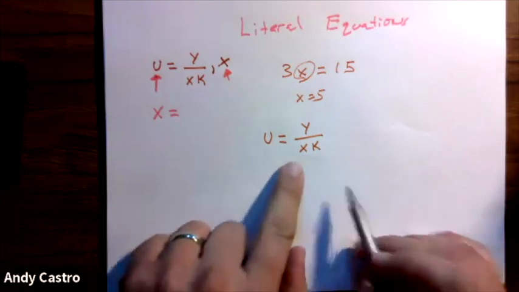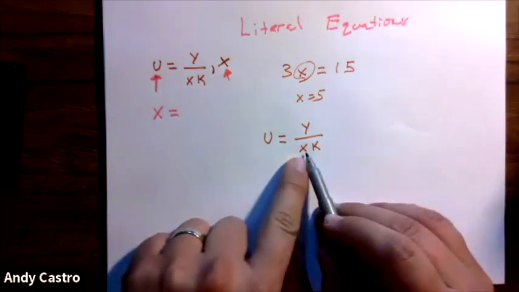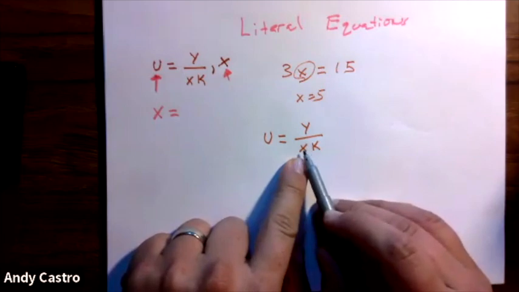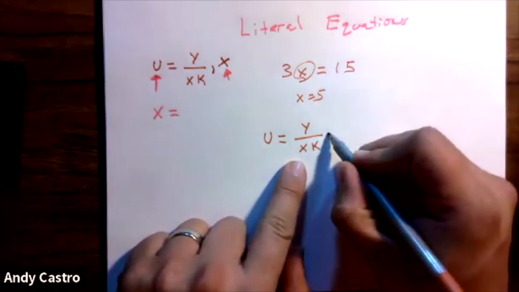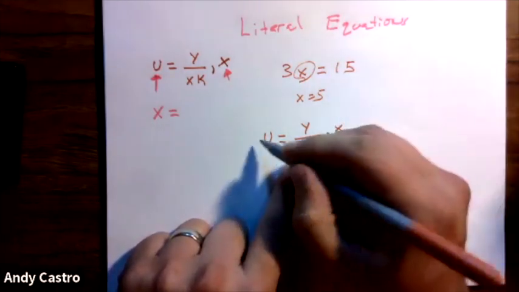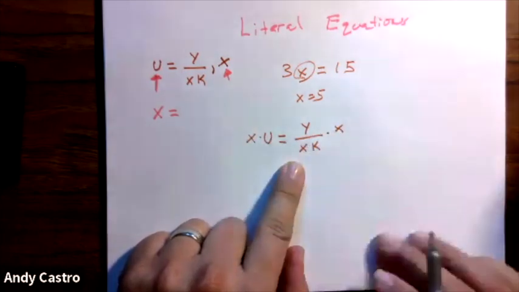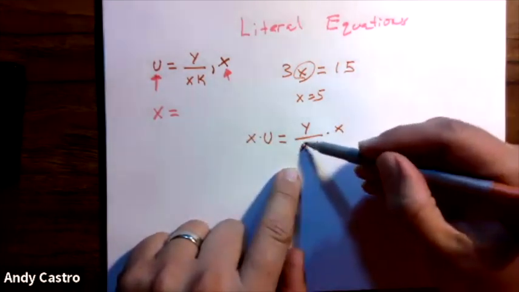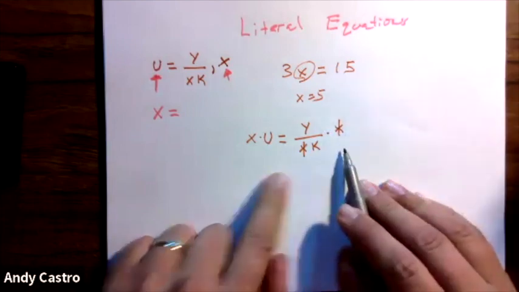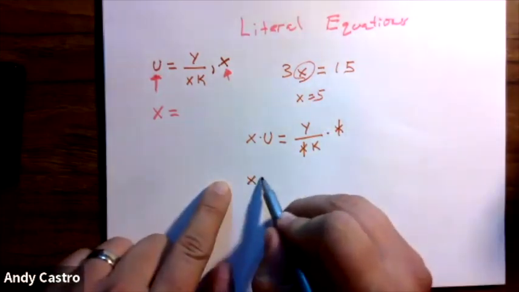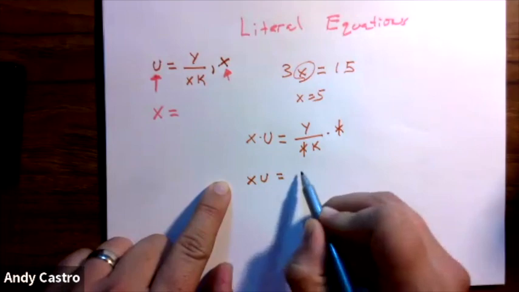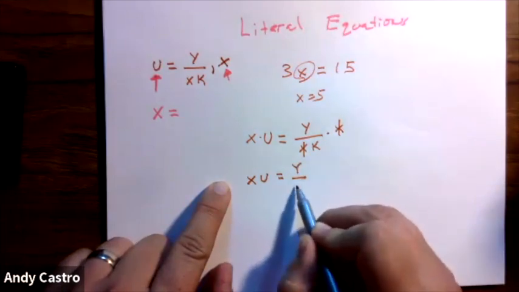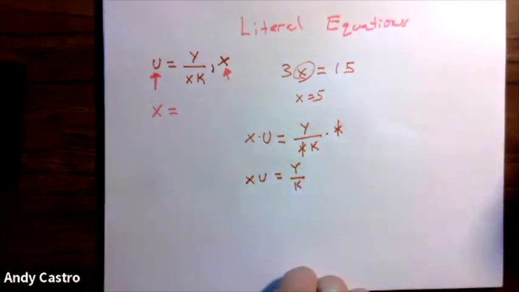All right, so I need to get x in the numerator instead of the denominator in order to solve for it. So I'm going to multiply both sides of this equation by the letter x. It's going to cancel here, and I'm left with x times u is equal to y divided by k.